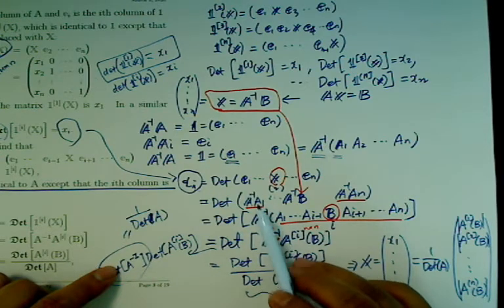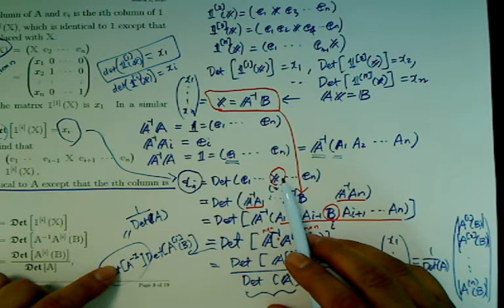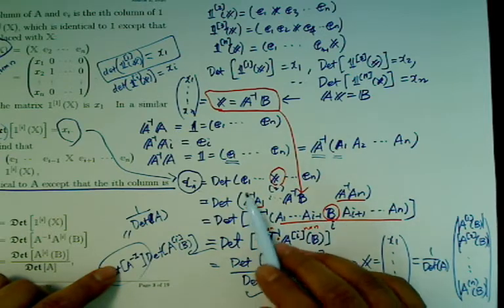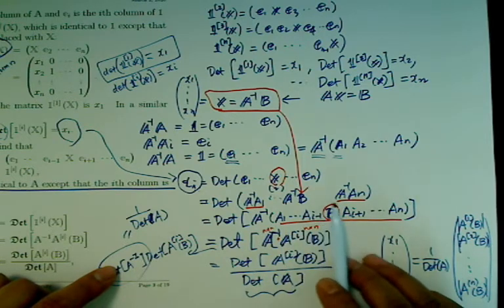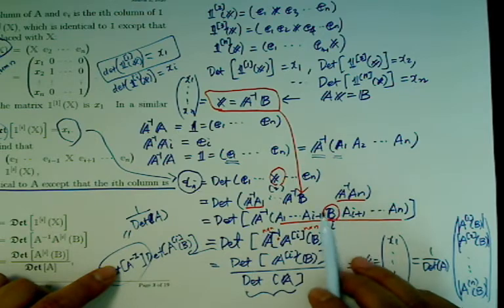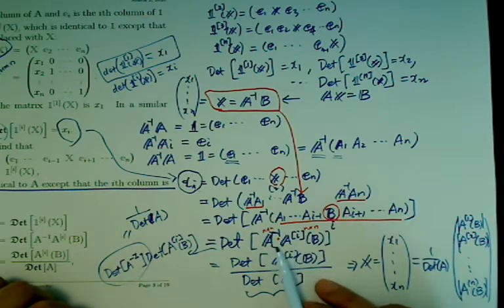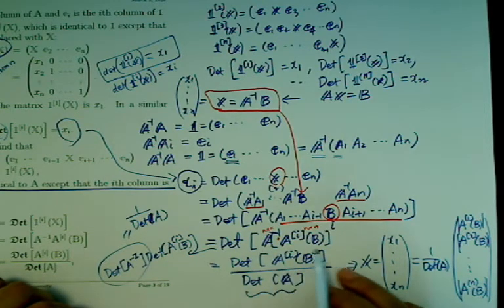For e1, it is multiplied by the first column of A, e2 by the second column of A, and x is A inverse multiplied by B. If I factor this A inverse out, the right side will be matrix A, except that the ith column is replaced with the column vector B. Now it became a determinant of a product.